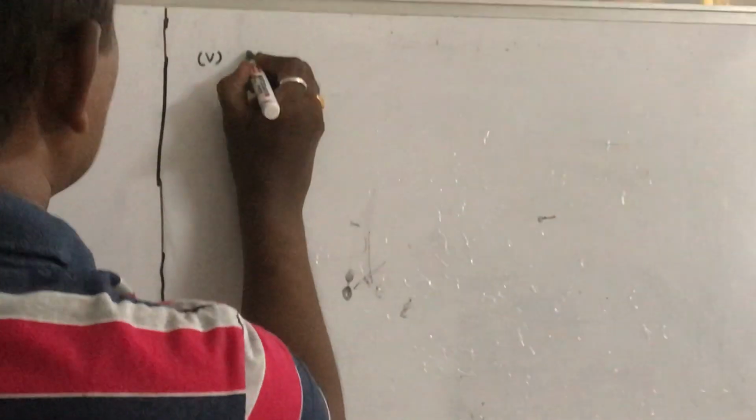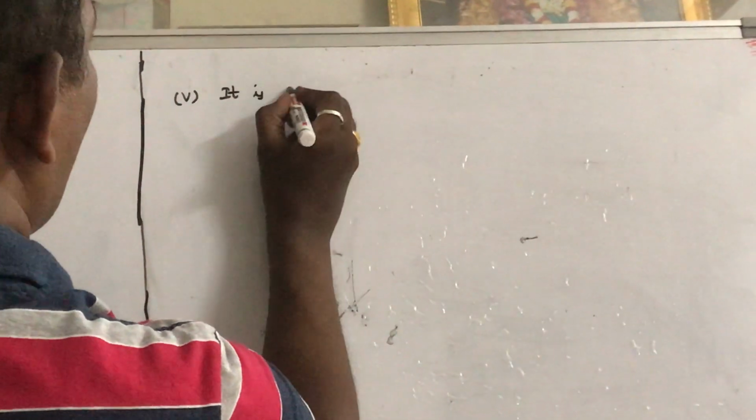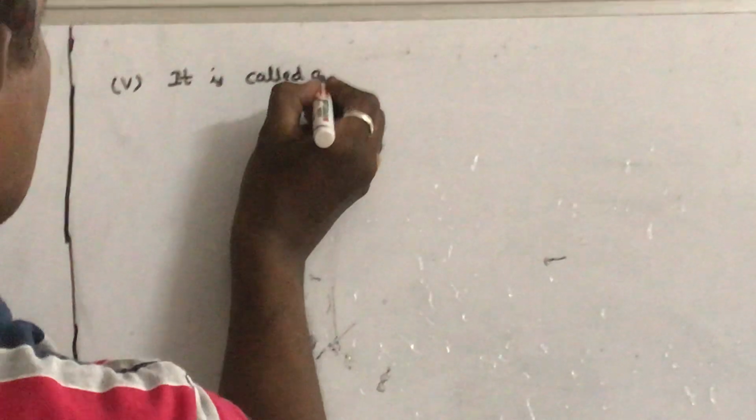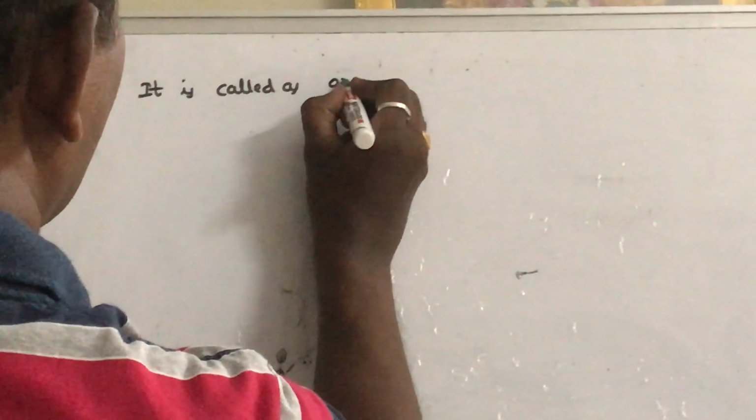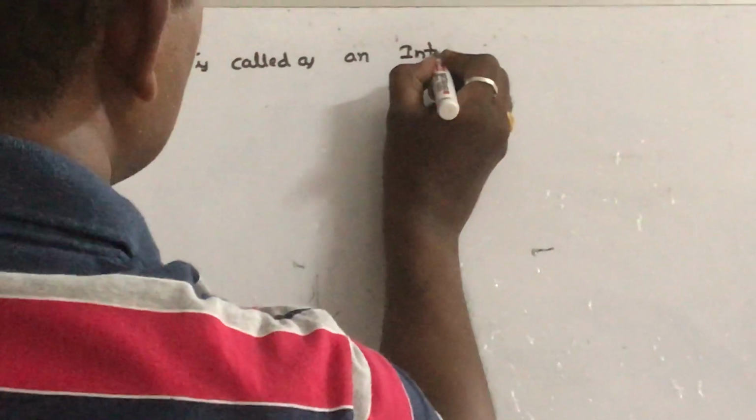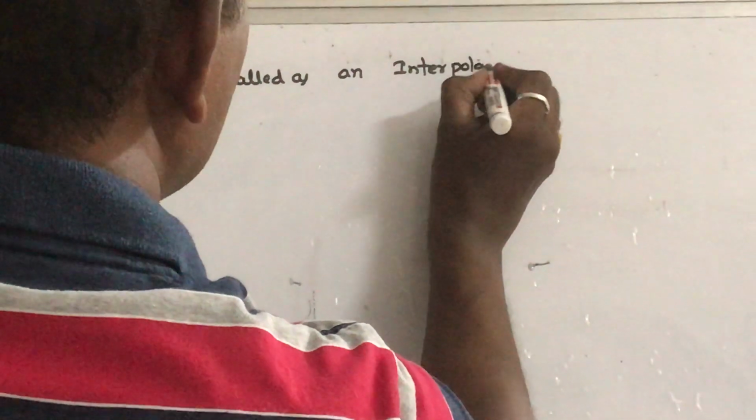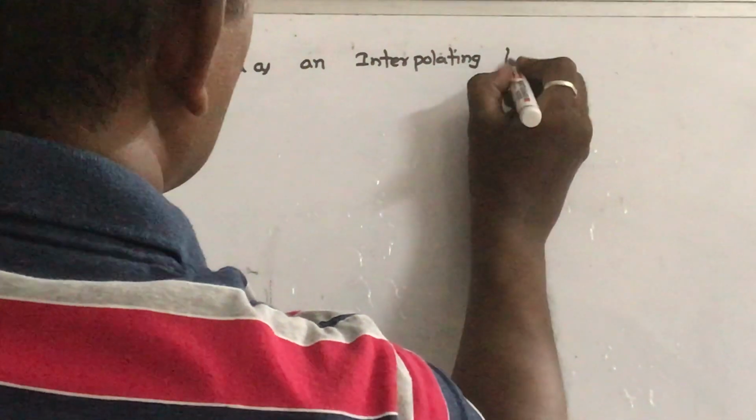Let us write the last point. It is called an interpolating function.